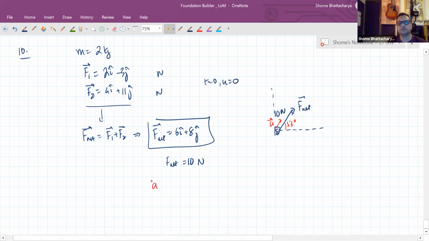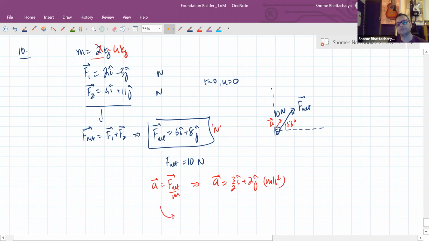So the acceleration will be what? It will be net force divided by mass. If you write the acceleration in vector form, you divide the force in newtons by the mass, which is 4 kg, sorry, this is 4 kg. So divide this by 4: 3 by 2 i cap plus 2 j cap in meters per second square.